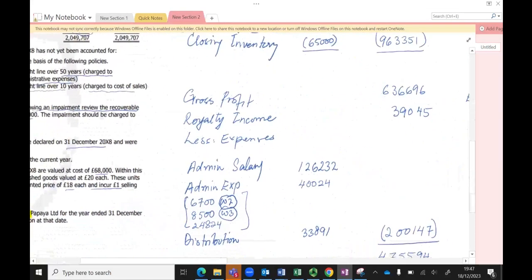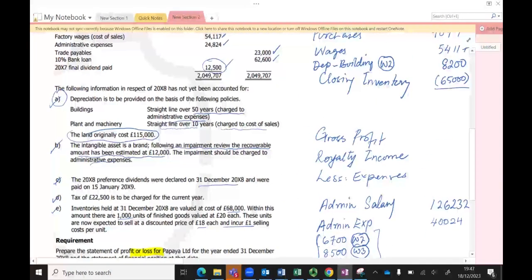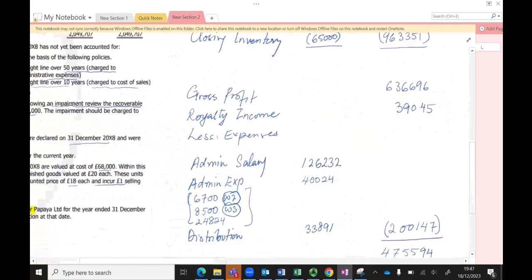The interest expense. So let's record the interest expense. Notice that we have a loan. The loan amount is 62,600, and the interest is 10% on it.